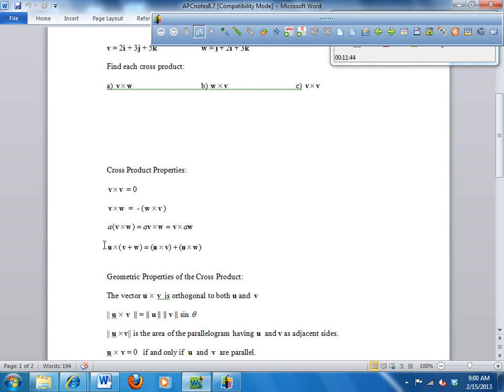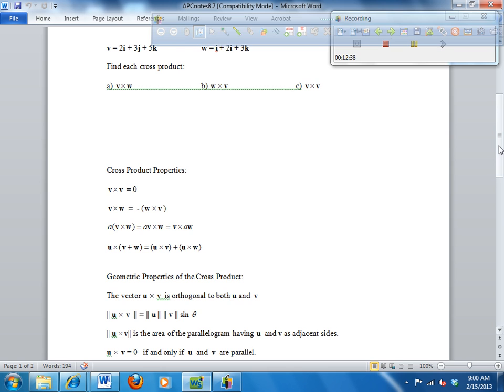Also, the distributive property works for cross products. So U cross V plus W is equal to U cross V plus U cross W.